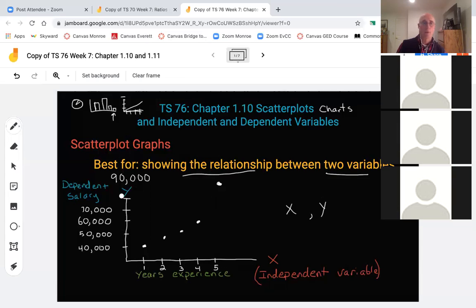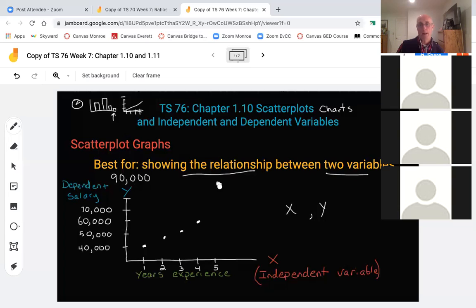And the Y variable is what falls along the vertical axis, okay? So for instance, going back to what I was just talking about, the relationship between the X variable, 5 years, and the Y salary, there's a direct correlation. There is a direct relationship between those two variables.